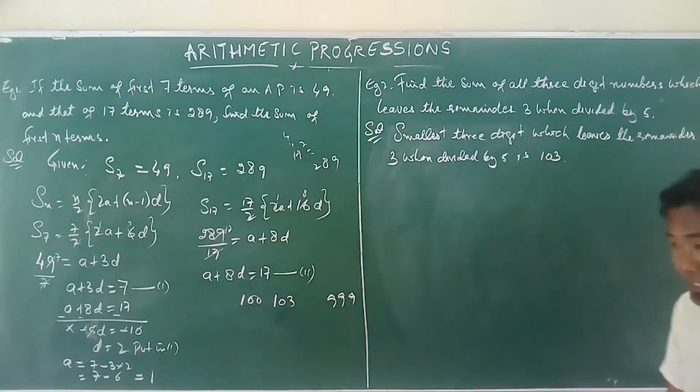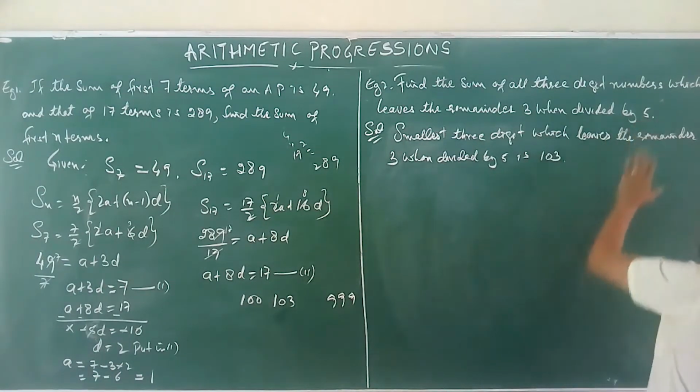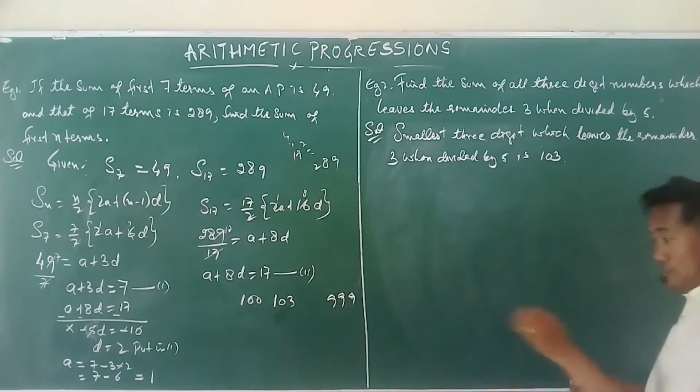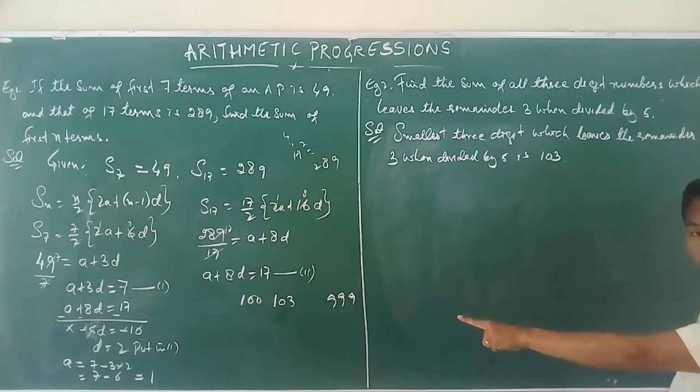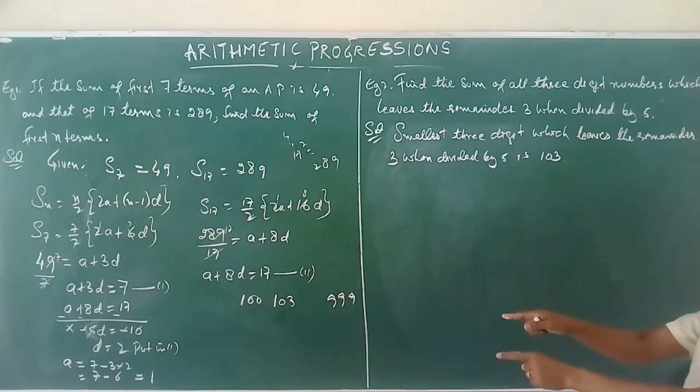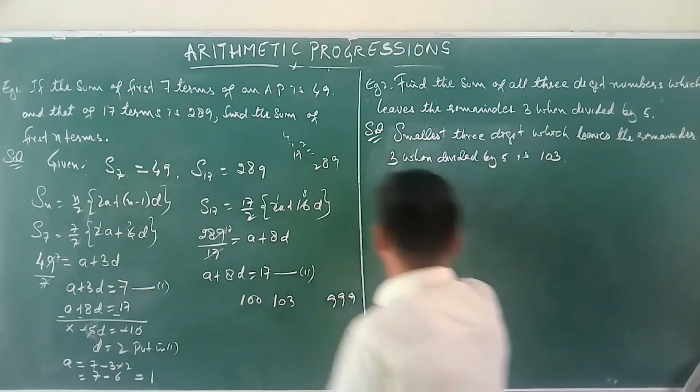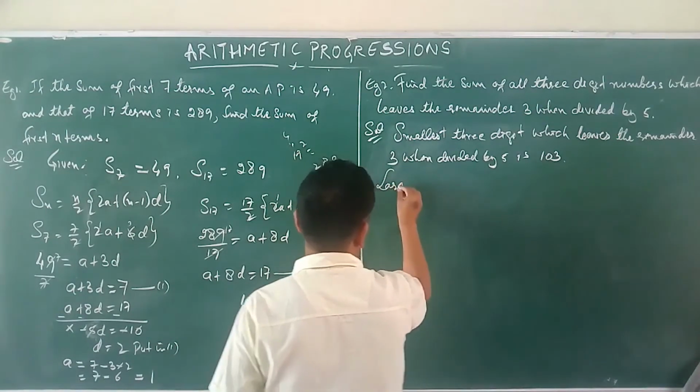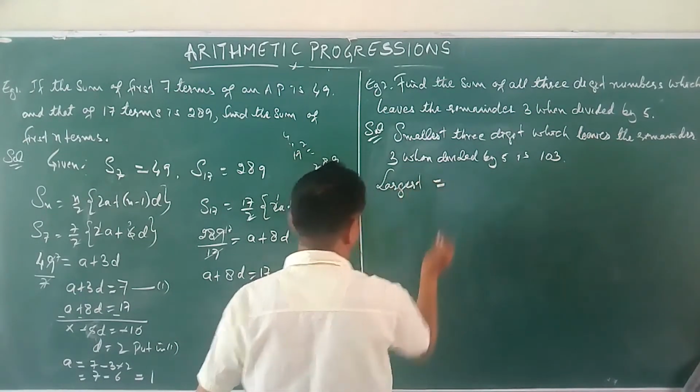So 103 divided by 5 leaves the remainder 3. And what is the largest?